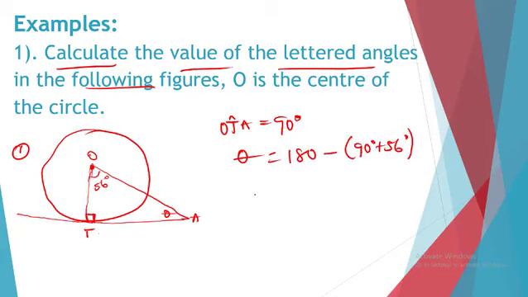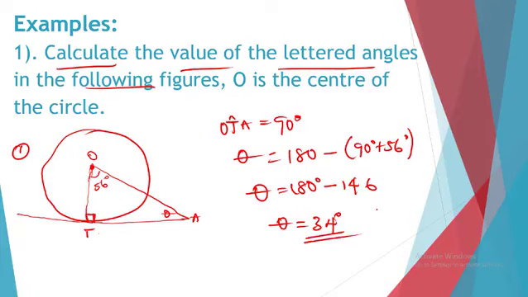So we have 180 minus 90 plus 56 will give us 146. Is that correct? And then theta will be equal to 180 minus 146 will give us 34 degrees. And that's that.